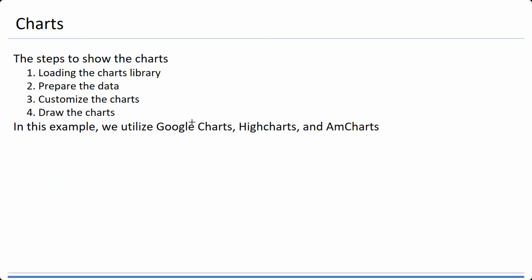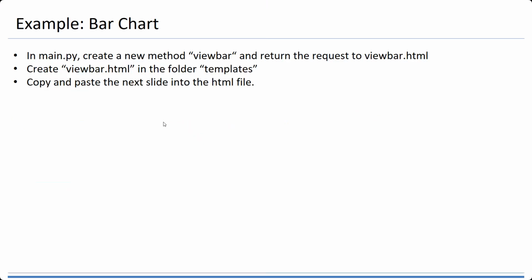So in this example, at first, I'm just going to use the Google Charts. In the later part, I'm going to use iCharts and mCharts. So what are they? Let's look at the details later. I'm going to use a simple HTML file for this one.